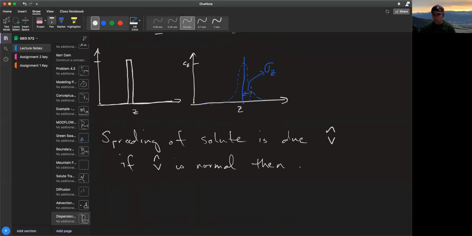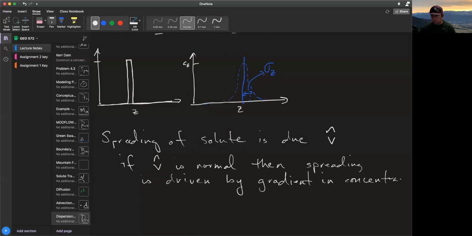then it turns out that the spreading is driven by the gradient in concentration. So as an example, dC/dx would be the gradient in concentration in the x direction, all right?